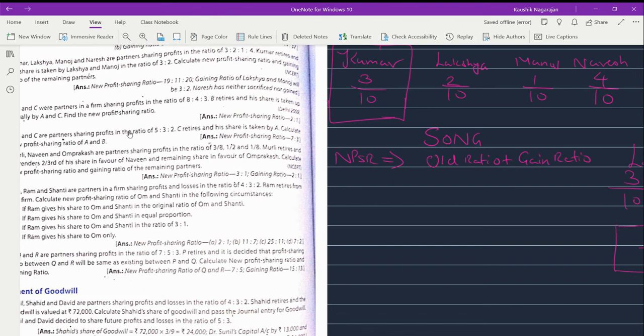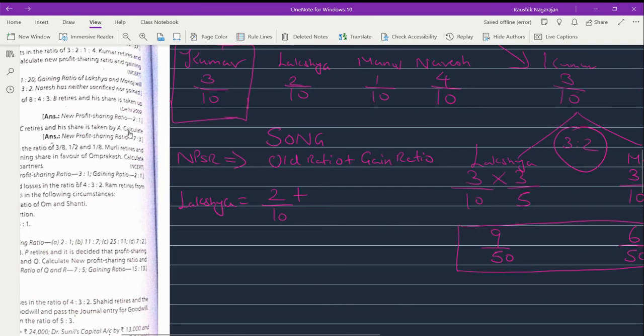So first we'll calculate for the partner Lakshya. For Lakshya, the old ratio happened to be 2 by 10 plus the gain we have got here, 9 by 50. So when you take the LCM for 10 and 50, you will be getting 50 as your LCM.